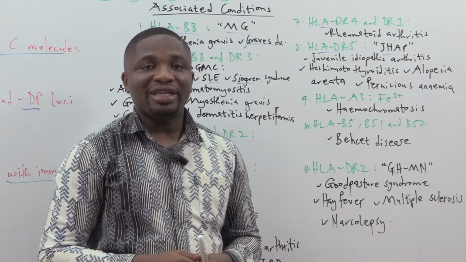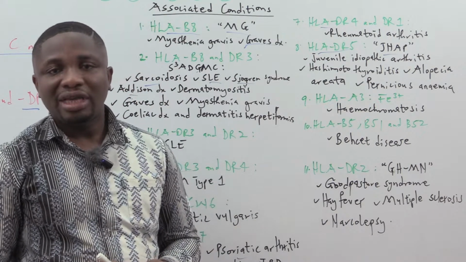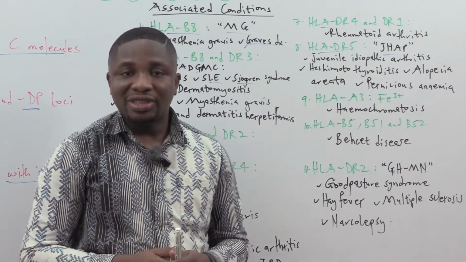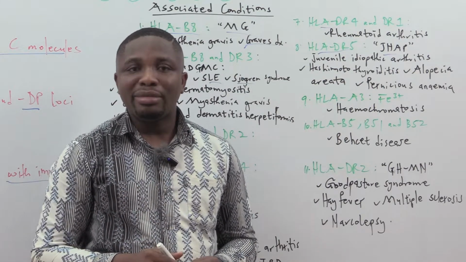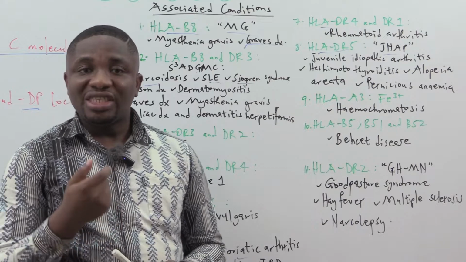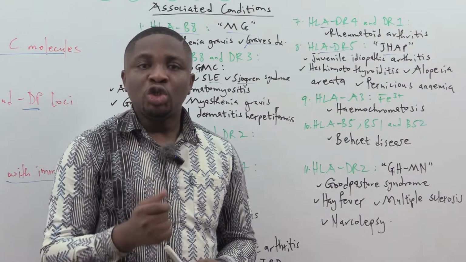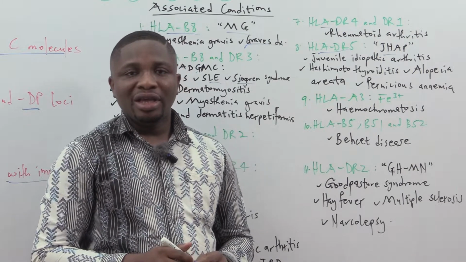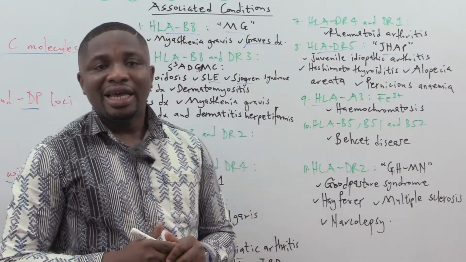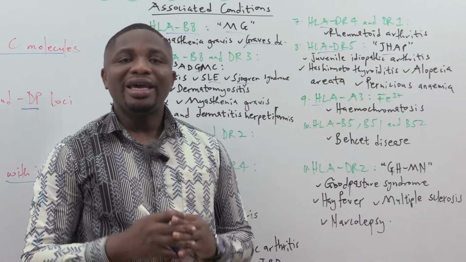Without the intrinsic factor, vitamin B12 cannot be absorbed. That is why if there is deficiency of vitamin B12, we say that is a megaloblastic anemia. But if there is deficiency of the intrinsic factor, the glycoprotein produced by the parietal cells, we refer to that as pernicious anemia.